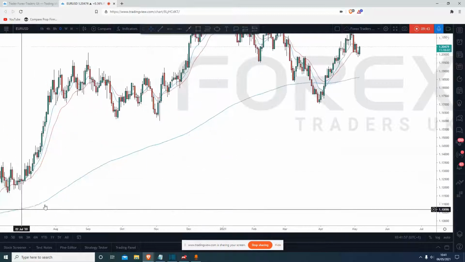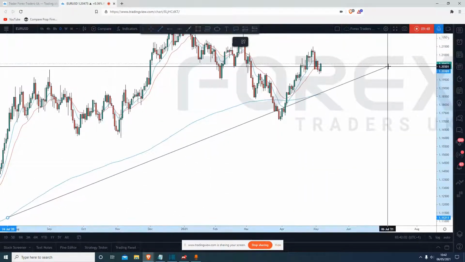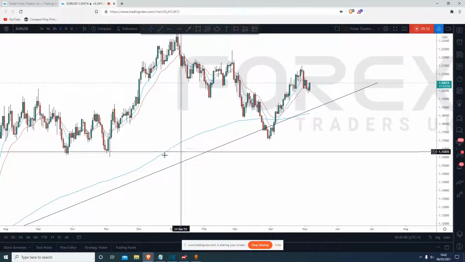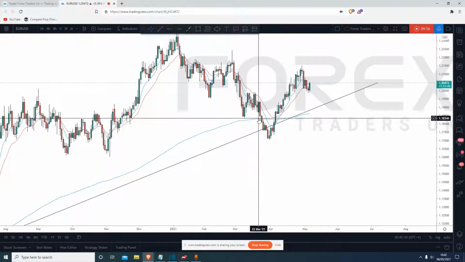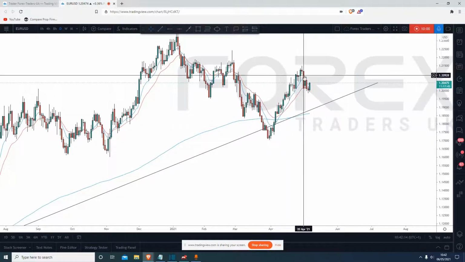Now, let's say, for example, we had a certain trend line. Let's just say it was around here, and the market was trading around here. Then I could put on the 200 daily moving average and see that it is another confluence as to why the market should come to this level and create a bounce.